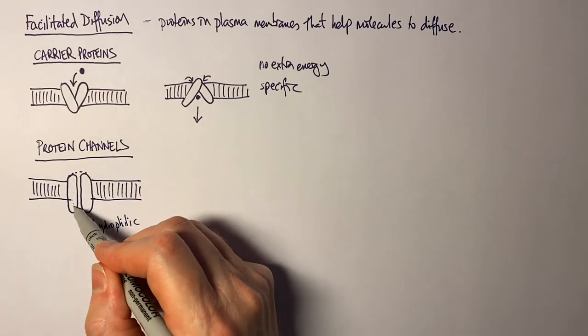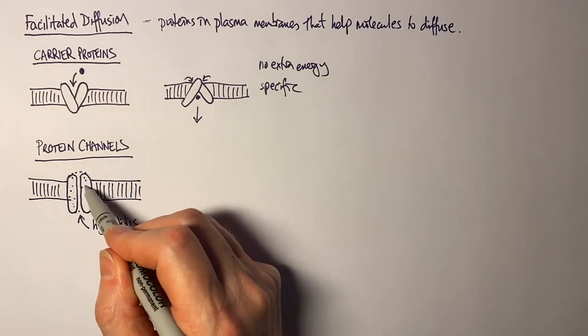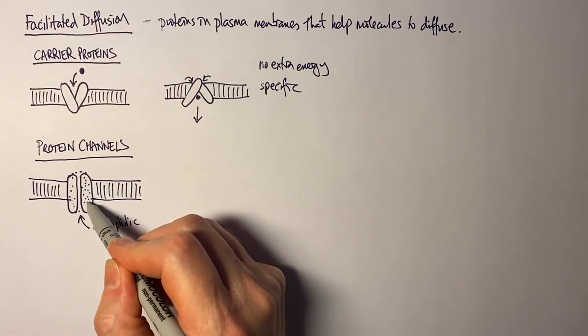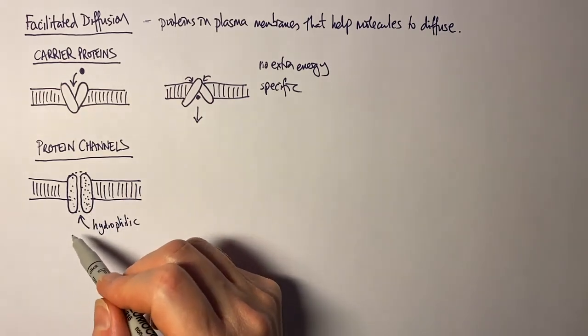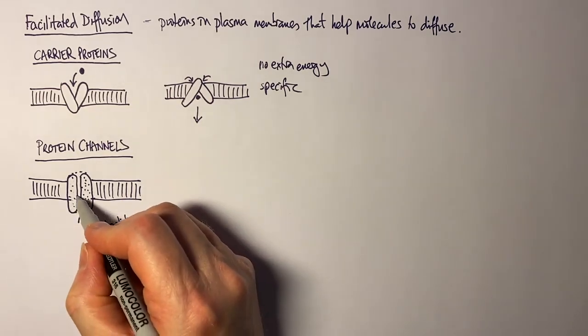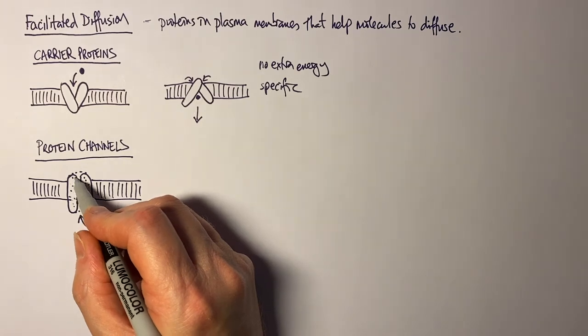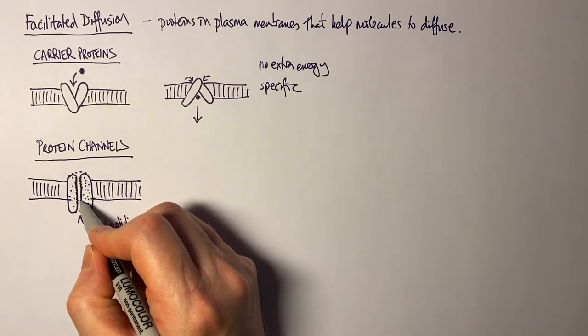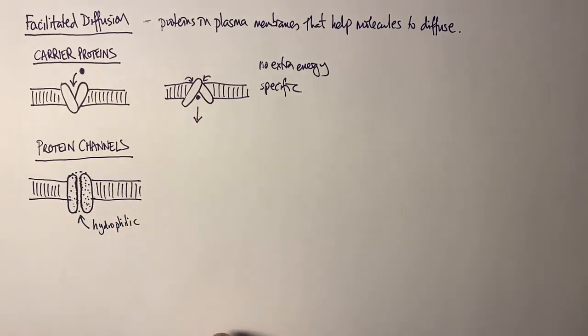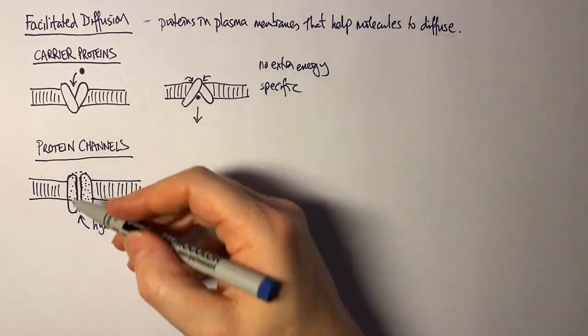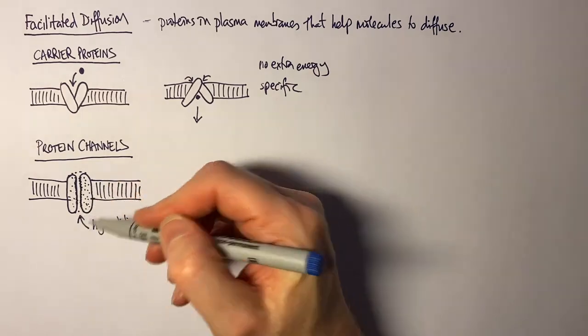And different amino acids have different R groups. Some of those R groups are hydrophilic. So all the amino acids that are found along the edge of that channel all have hydrophilic R groups. So it makes this area hydrophilic.